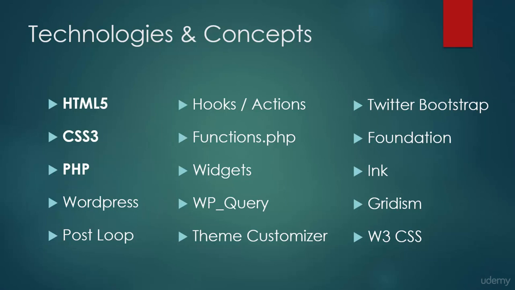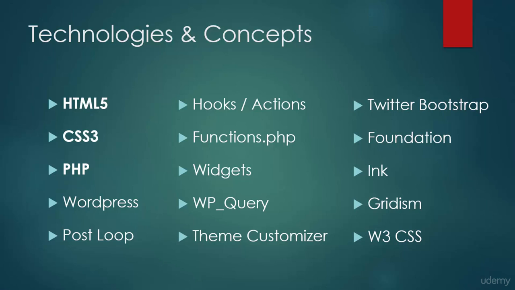So here is a list of the technologies and concepts that we'll be looking at through this course. This isn't all of them, but these are most of the common ones. Obviously, HTML, CSS, and PHP are extremely important. That's what everything is based around. We have WordPress, the WordPress post loop, which is the main loop that grabs the post from the database, hooks and actions, a functions PHP file that's where we put our dynamic code for our WordPress theme, widgets, WP query, which is used to make custom queries.